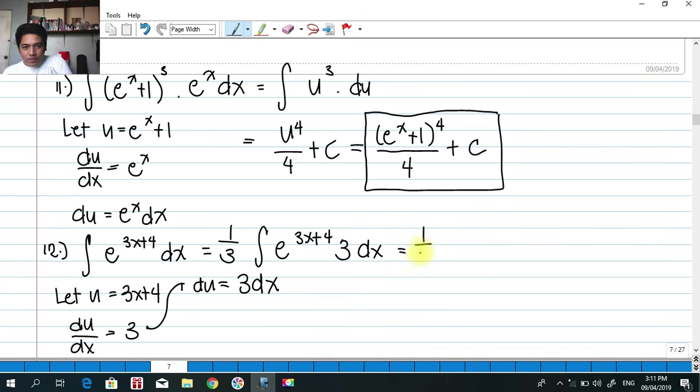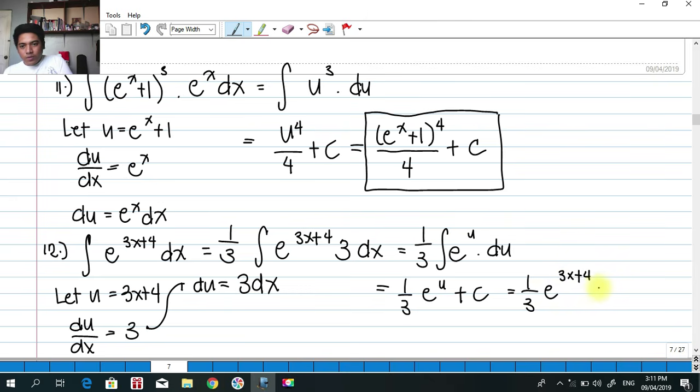So 1/3 integral of e raised to u, because 3x plus 4 is equal to u. 3 dx is now du, and simply we have 1/3 e raised to u plus c. What is our u? It is 3x plus 4, so 1/3 e raised to 3x plus 4 plus c, and that should be our answer.